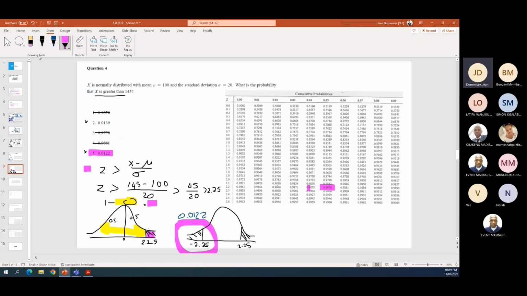If I then said 1 minus 0.9878, I would have gotten, I hope, the same answer. I would have also gotten 0.0122.